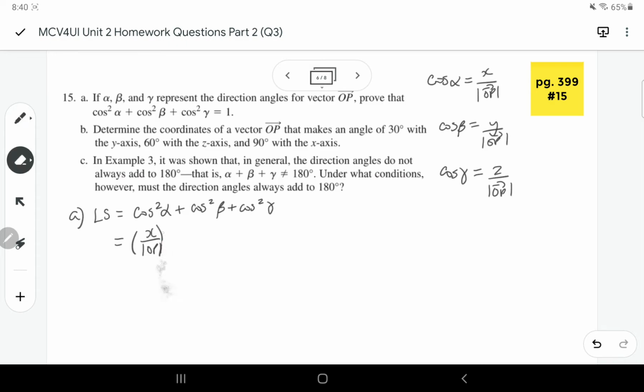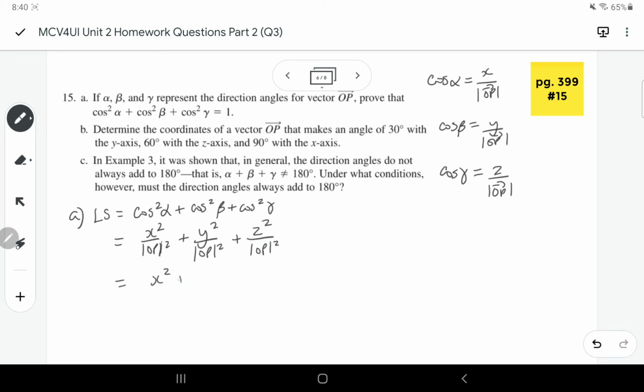I might square both of these things individually, and then y squared over the magnitude of OP squared plus z squared over the magnitude of OP squared.